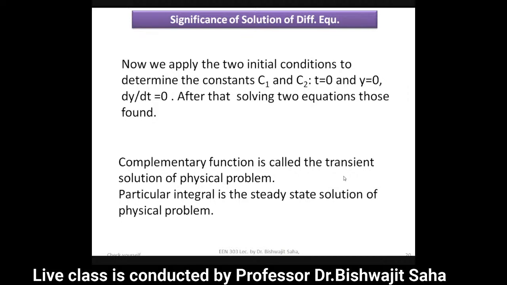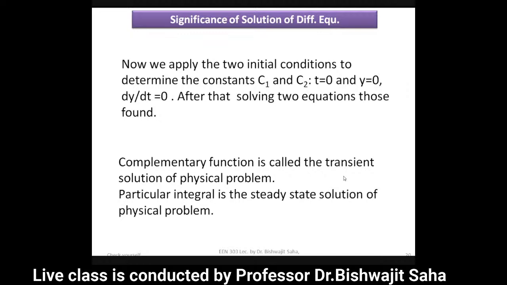So we have to remember the transient state is expressed by the complementary function of the differential equation, and the steady state is expressed by the particular integral of the differential equation. All right, you can see this example later on when we have circuit analysis problems. Understand?